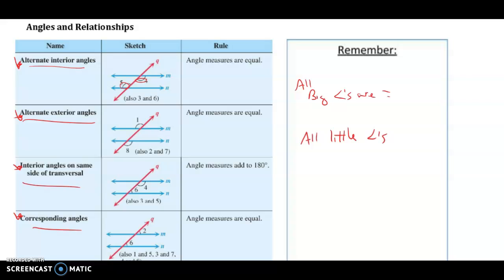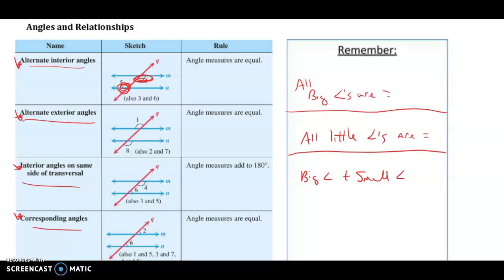You're not going to have this be 140 degrees and this be 145 degrees. And if you have a big angle plus a small angle, those are supplementary, so they equal 180 degrees. This is kind of nice to remember if you get lost along the way.